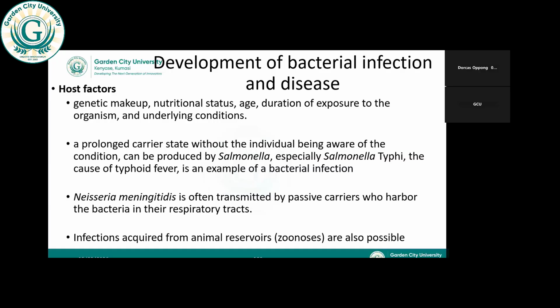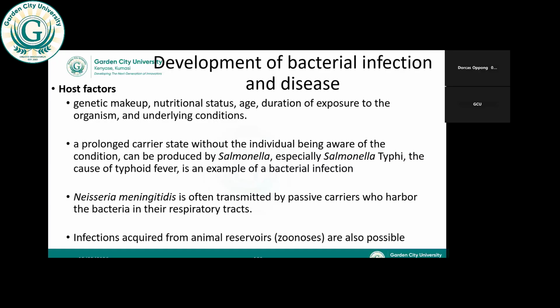So Salmonella typhi, the one that causes typhoid fever, if we have this carrier who is not aware of his condition, will keep spreading to people who are susceptible. So there will be infectivity by the Salmonella typhi that results in the infection. Then it progresses to the typhoid fever, the disease.